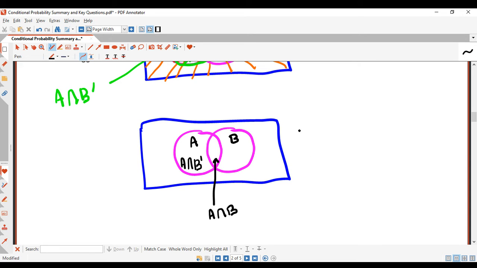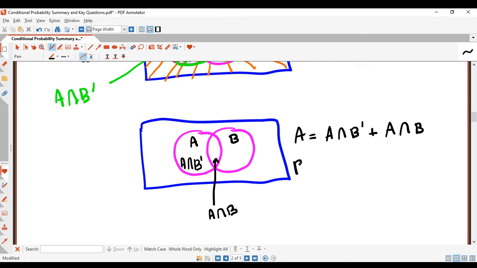So if I said to you, tell me what A is, well, A is the A intersect not B plus the A intersect B, isn't it?